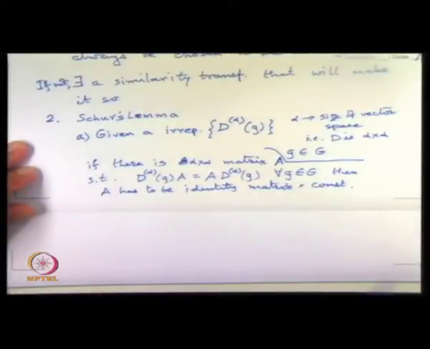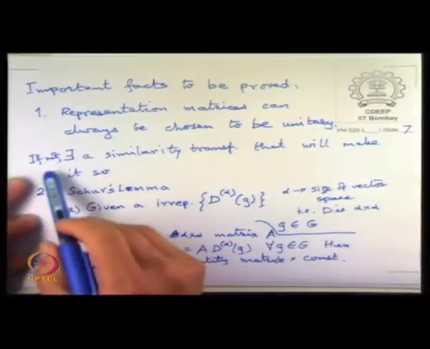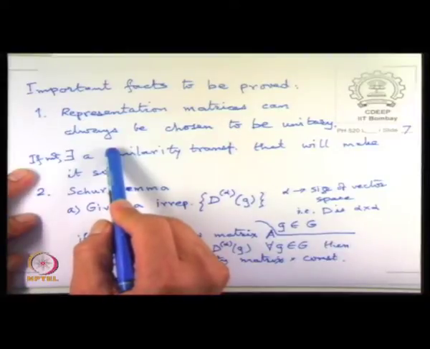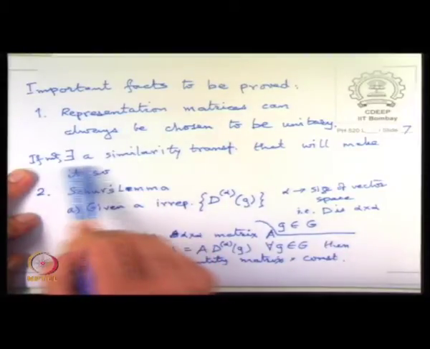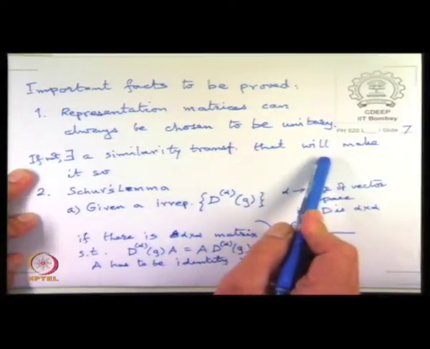But a more non-trivial lemma, which also again looks a bit innocuous, but it's really powerful, as we will say it later, is representation matrices can always be chosen to be unitary, and if not, if you are handed some representation which doesn't look like unitary matrices, there will always exist a similarity transformation that will make it unitary.